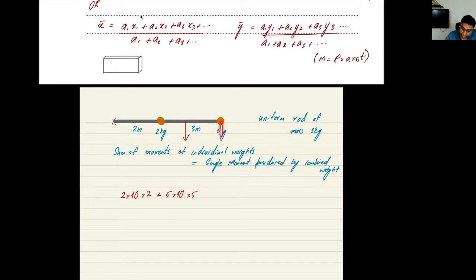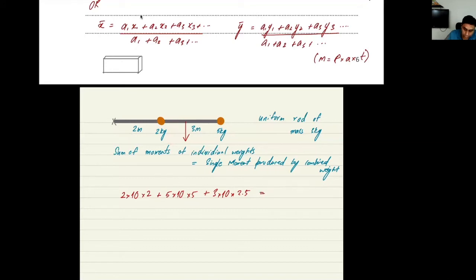This is 5 kg, multiplied by 10 becomes the weight, times 5, that's the moment arm, plus 3 times 10 times 2.5, because I know that if it's a uniform rod, its own weight must be acting right at the center. So the total rod is 5 meters. So its center of mass would be 2.5 meters from both sides. So from X, it should be 2.5 meters.